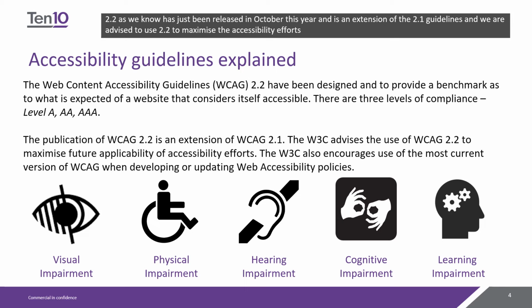And we're advised to use 2.2 to maximise the accessibility efforts, so using the most current version of WCAG when developing or updating your web accessibility policies, websites, web products.